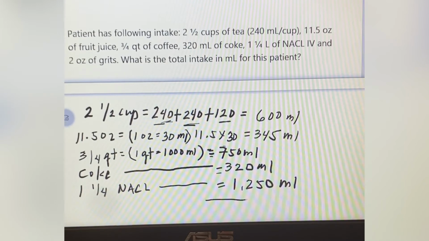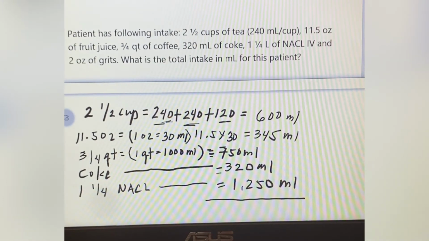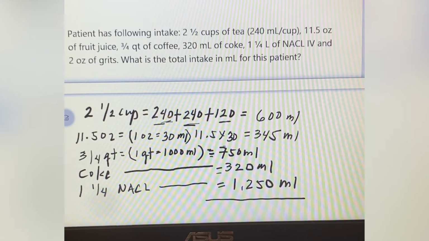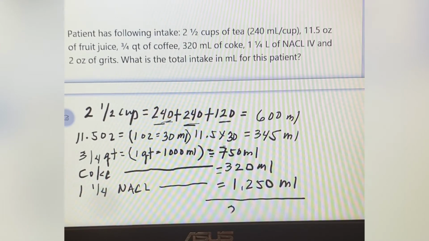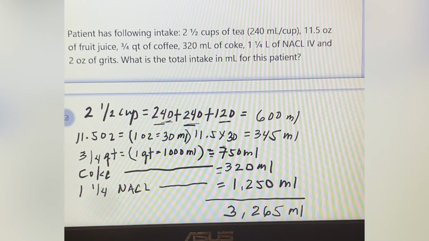What is the total? 600 plus 345 plus 750 plus 320 plus 1,250. Total is 3,265. This is the total fluids intake of the patient in ml.